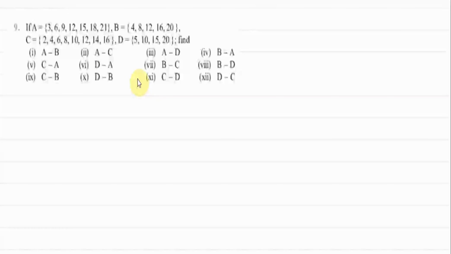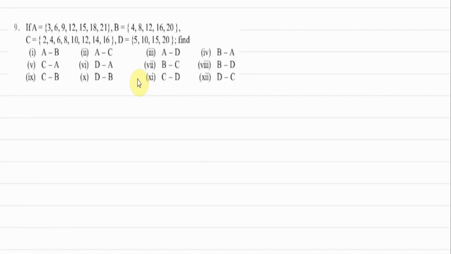So now we have question number 9, which says if A is equal to the set 3, 6, 9, 12, 15, 18, 21, B has elements 4, 8, 12, 16, 20, C has elements 2, 4, 6, 8, 10, 12, 14, 16, and D has elements 5, 10, 15, 20.